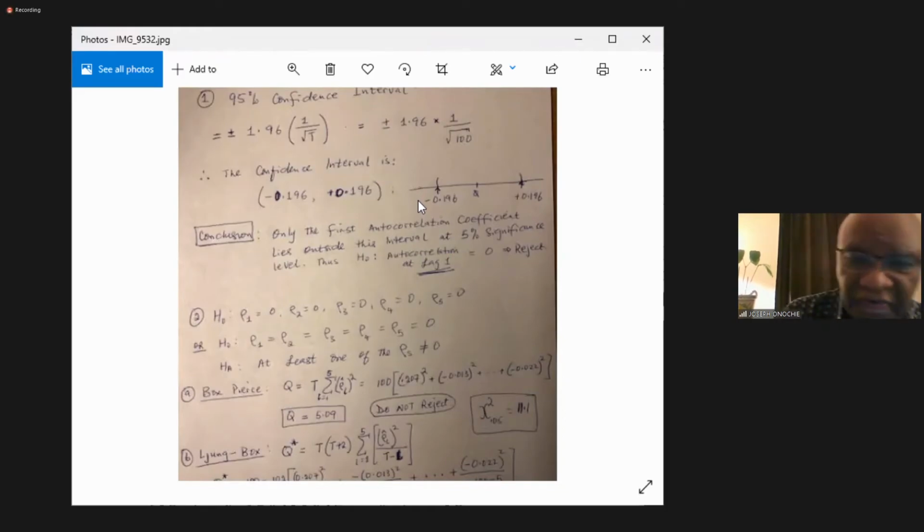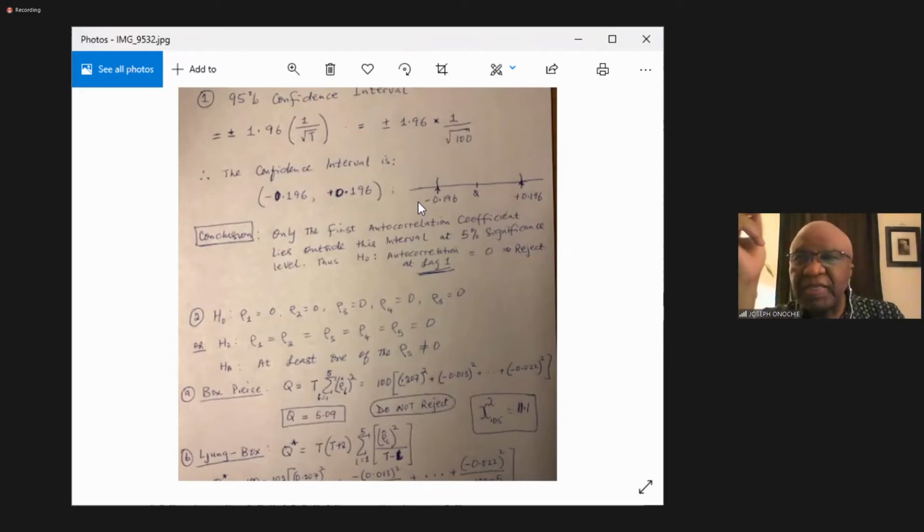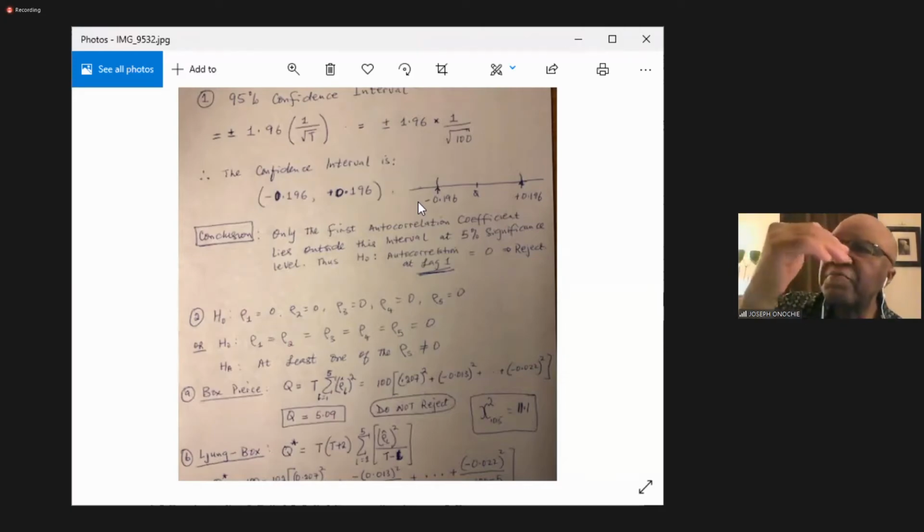Falls outside or falls within? Falls within. Okay, so if each one falls within, your conclusion is that the autocorrelation at lag 2, even though it's negative, is really statistically equal to 0. It is really statistically not different from 0.